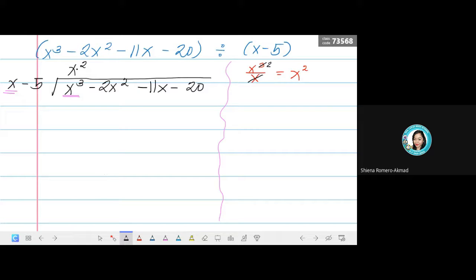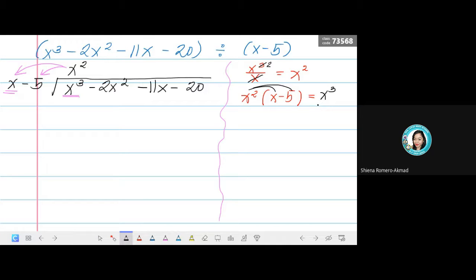Next step, di ba after natin mag-divide, ang ginagawa natin, nagmo-multiply tayo. So, ganun din dito, magmo-multiply ka rin. So, si x squared, i-multiply mo naman siya dun sa mga terms ng divisor. So, multiply natin siya kay x, multiply natin siya kay negative 5. So, pag ginawa natin yon, that would be x squared times x minus 5, which is equal to x squared times x, that's x cubed.